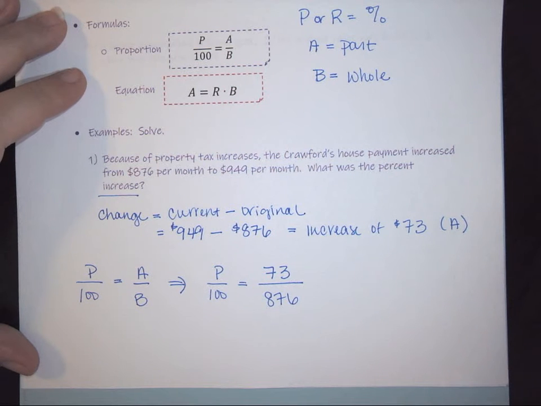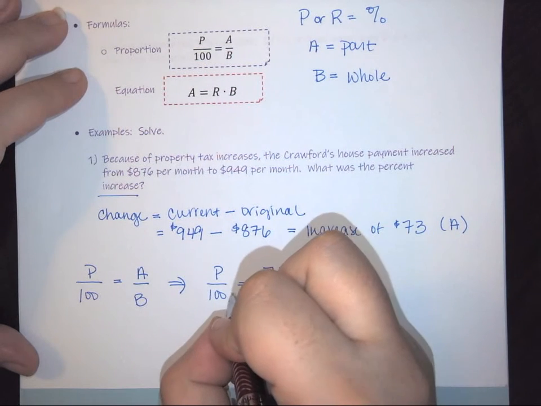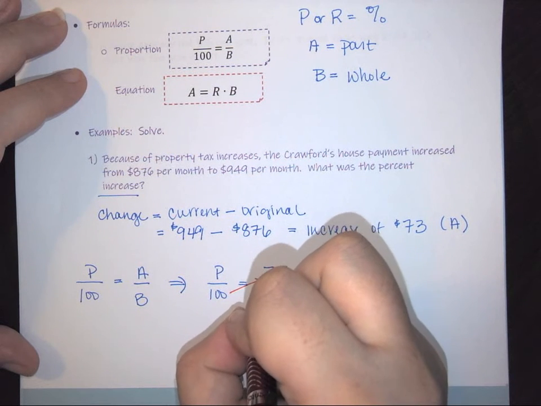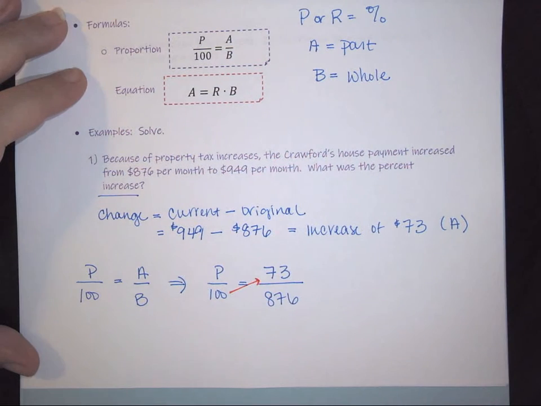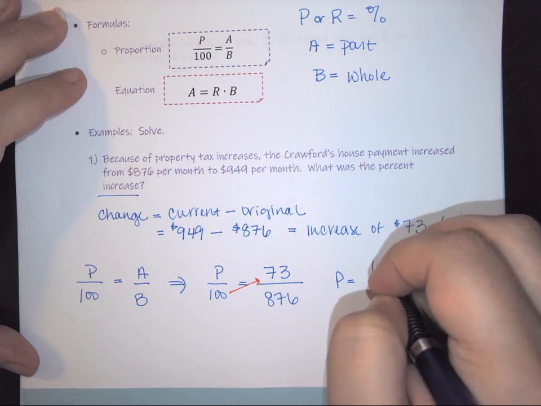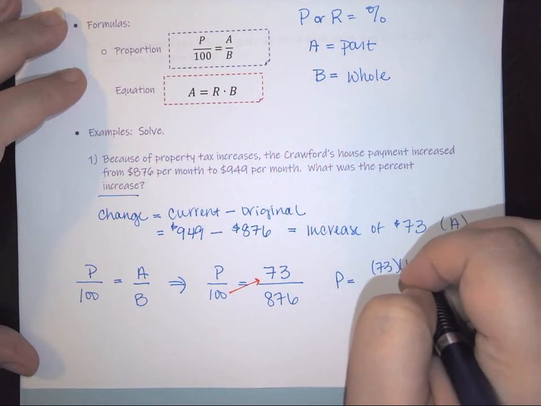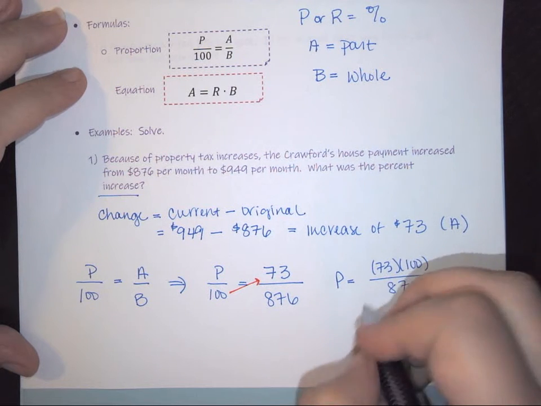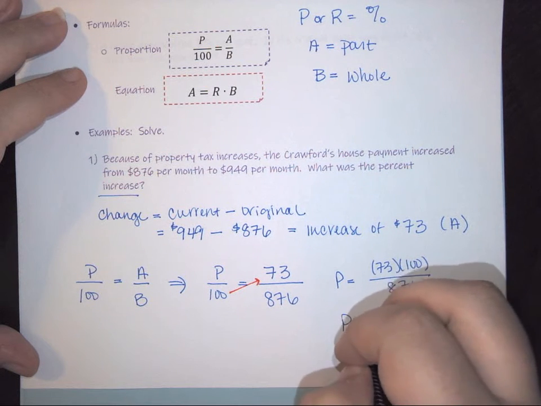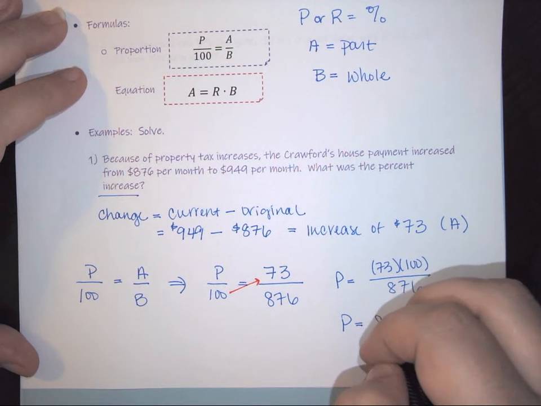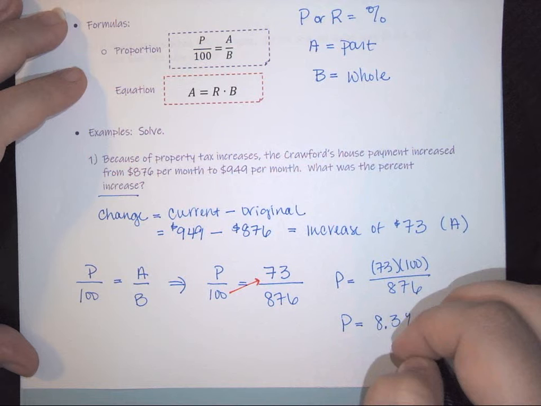So now I would apply your cross multiplication shortcut here. Pull the 100 up, which says that P is going to be my 73 times 100 over the 876. So in this case, you should find your P to be 8.3%.